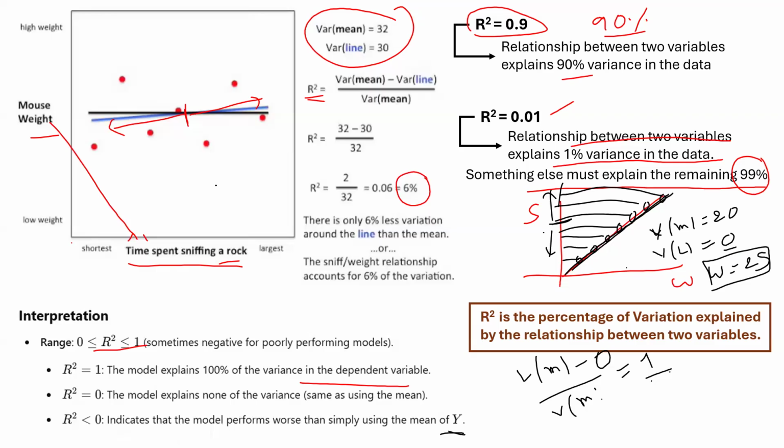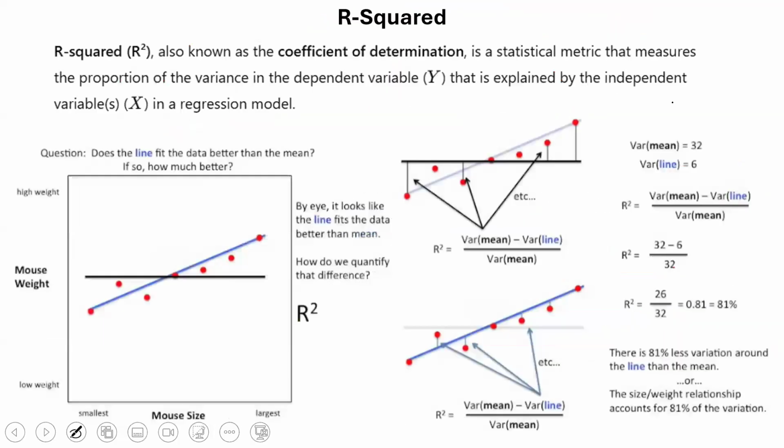When will R square be less than 1? R square will be less than 1 when the variance along the line, when this value is greater than this value. That means the line is performing worse than the mean. Okay, in that case only R square will be less than 1.